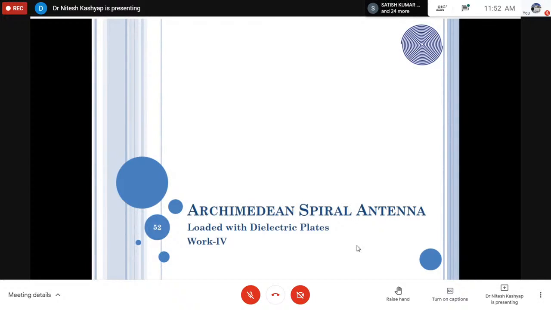So it is very difficult to improve the gain of the antenna over the whole bandwidth, because metamaterial and AMC structures are frequency dependent, very narrow band structures, and we cannot use them in spiral kind of antennas.